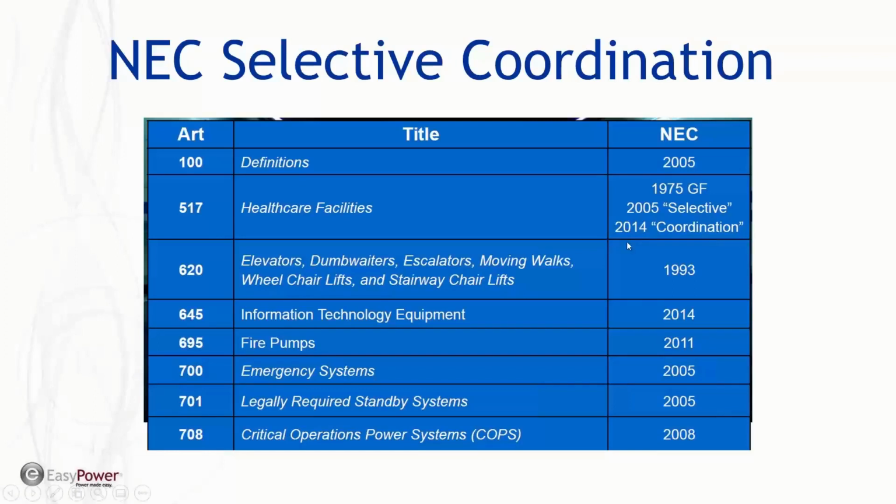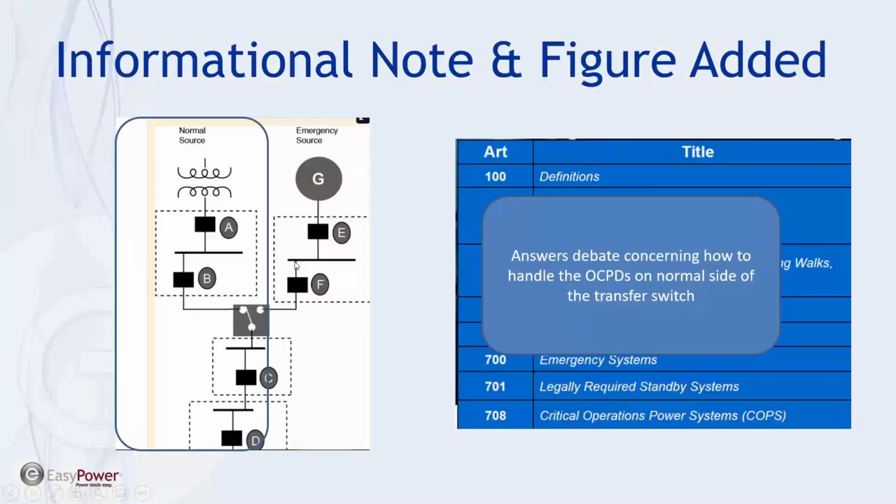They're well documented. What has transpired in the 2021 version of the NEC is an information note that basically addresses the concern that some had regarding the overcurrent protection when you have a standby or emergency source.